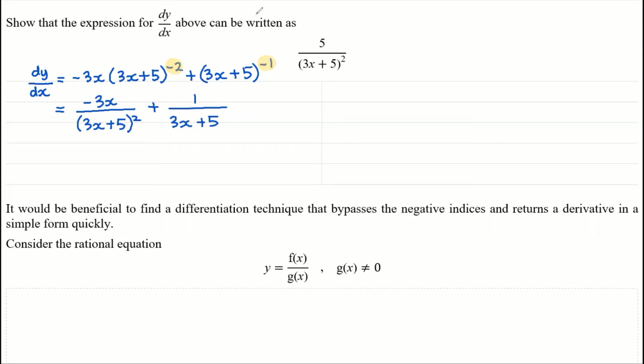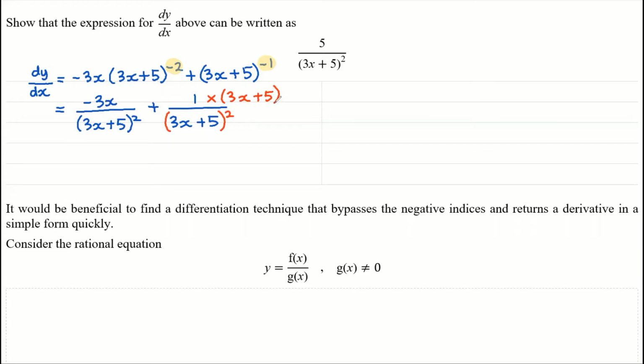If we look at what we've got here, we need a common denominator, don't we? Now, we have (3x plus 5) squared. To get the common denominator, I'm going to have to multiply this by 3x plus 5, which means that I have to multiply my numerator also by 3x plus 5, to counter the denominator being multiplied by the same thing.